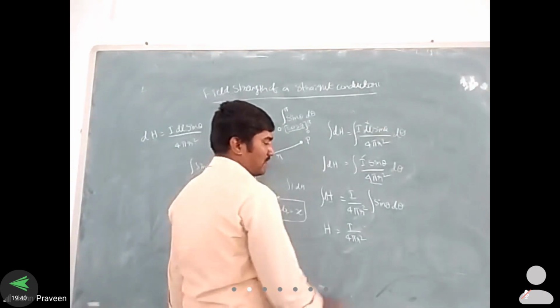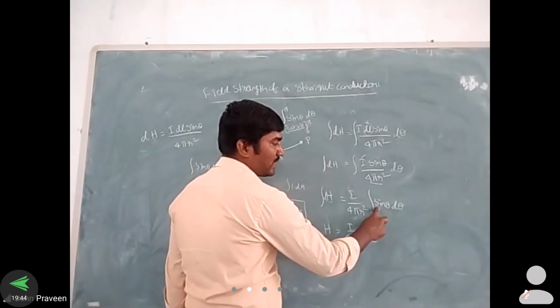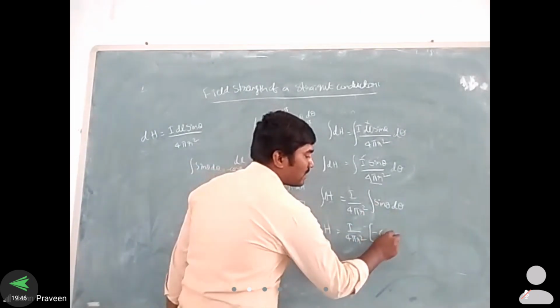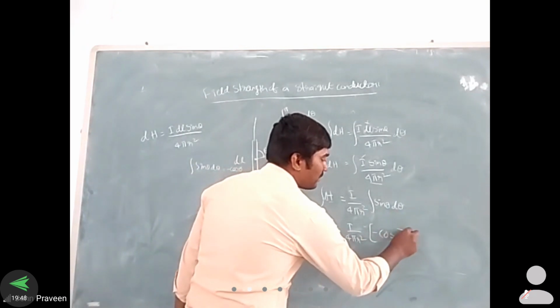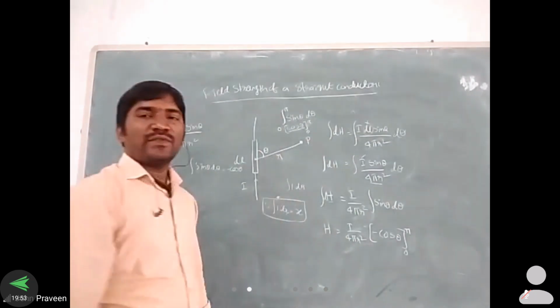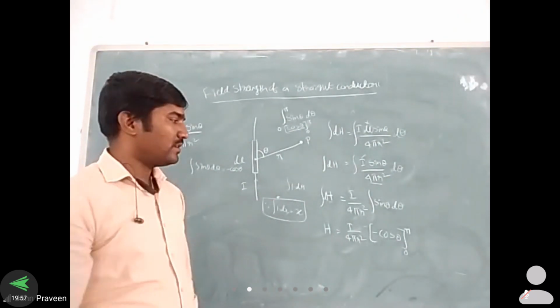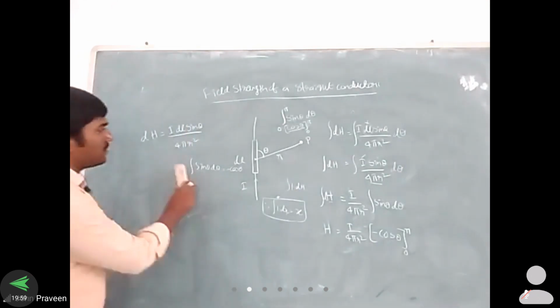I hope all of you understand. If we apply integration to sin theta, we get minus cos theta with limits 0 to pi, that is 0 to 180 degrees.